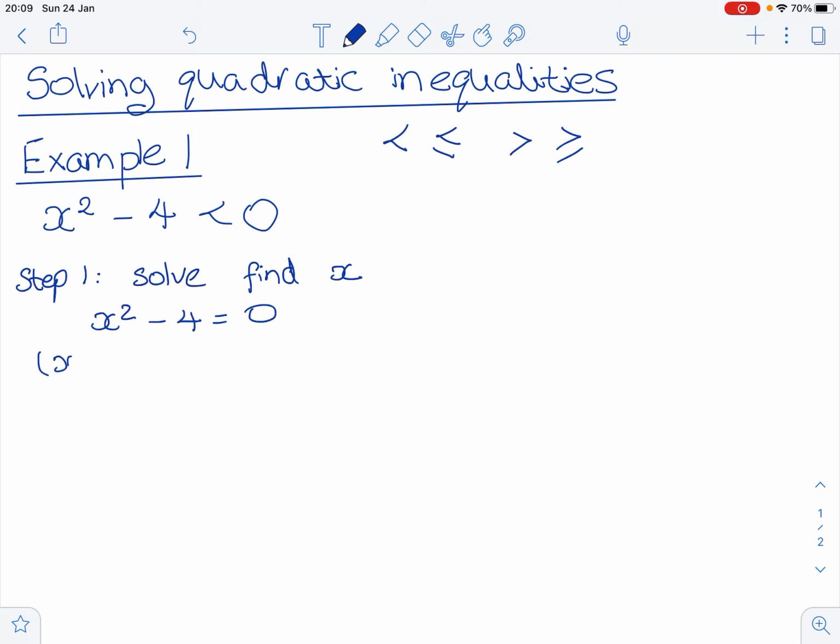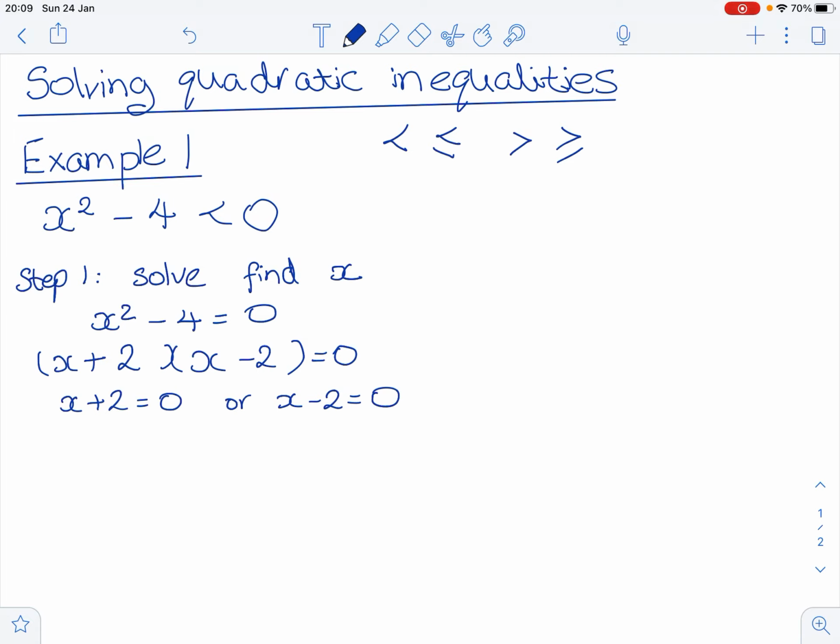So solve to find the two values for x. We know x squared minus 4 is the difference of two squares, so it's x plus 2 times x minus 2, which equals 0. Then set each bracket equal to 0. So x plus 2 equals 0, or x minus 2 equals 0.